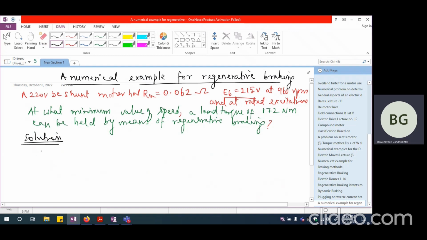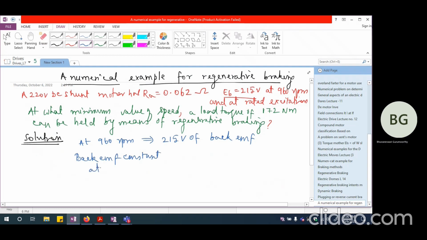The first and foremost thing is, it says at 960 RPM, it develops 215 volts of back EMF. So we should be able to calculate what is the back EMF constant. So back EMF constant at rated excitation is going to be equal to 215 divided by omega.